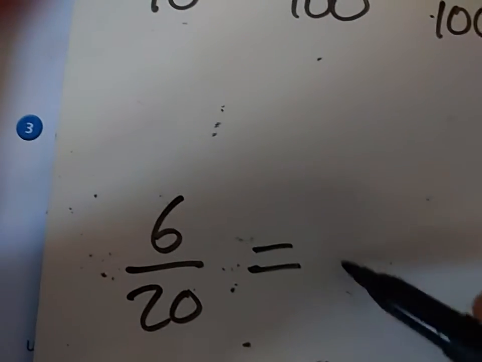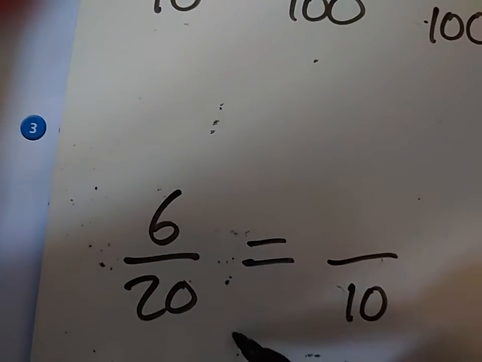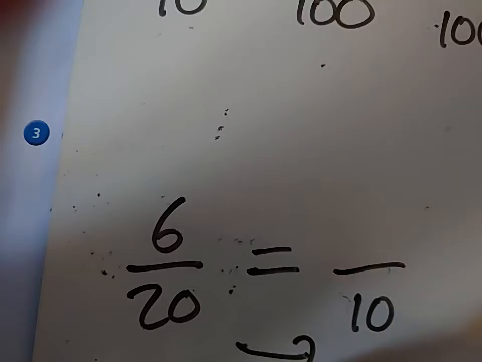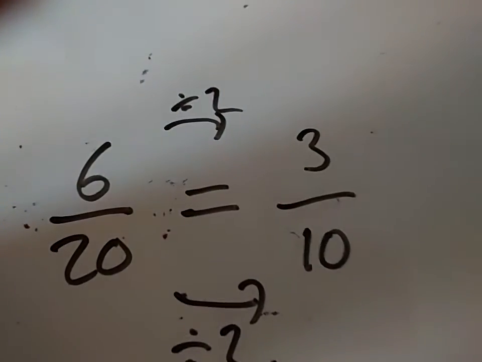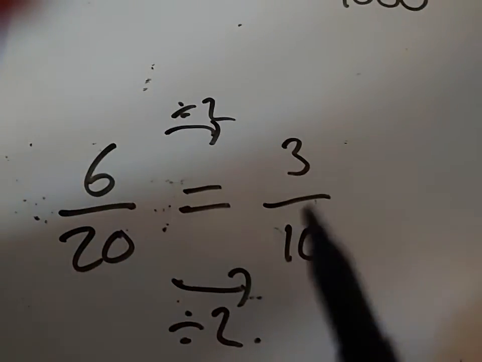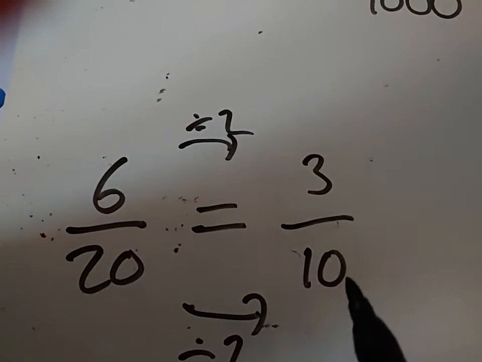So I'm looking at this one, I'm thinking, well, actually, I can change 20 into out of 10 dead easy, because it's just half. I've just halved it. Can I half 6? Yeah, I can half 6. 6 out of 20 is exactly the same as 3 out of 10.